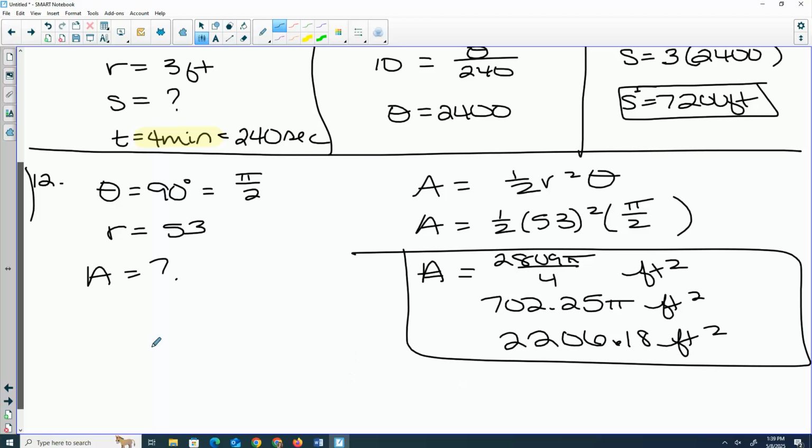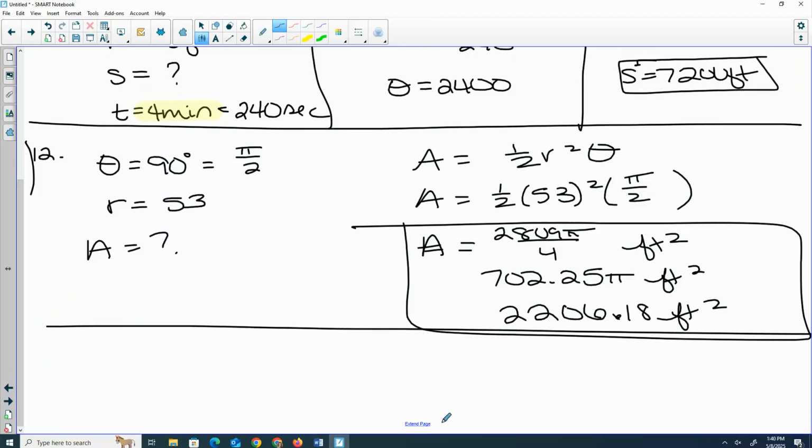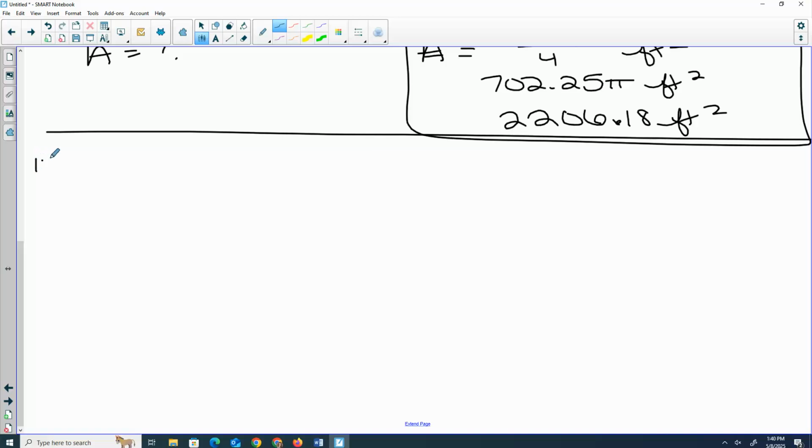And last question. A wheel with a radius of 5 feet, so we know r, rotates 13 revolutions per minute. There's a couple ways to interpret it. One is to think of that as an omega because it's a rate. But omega always has to be in radians.